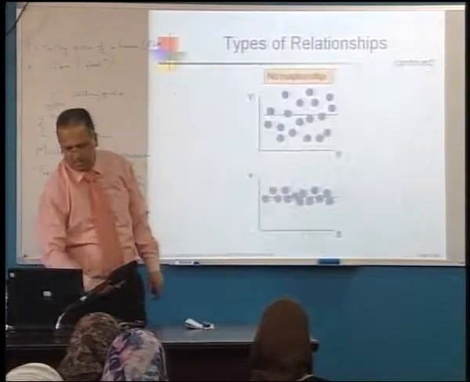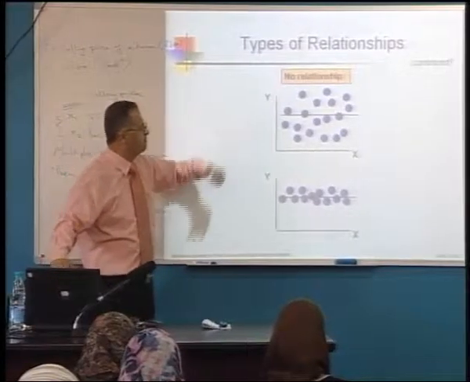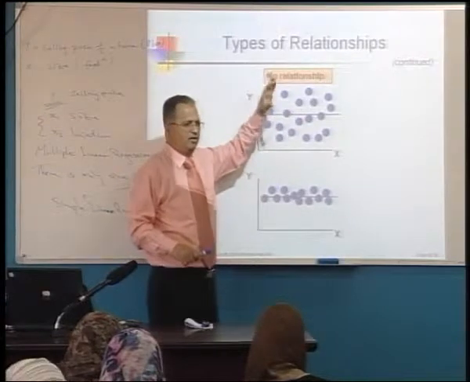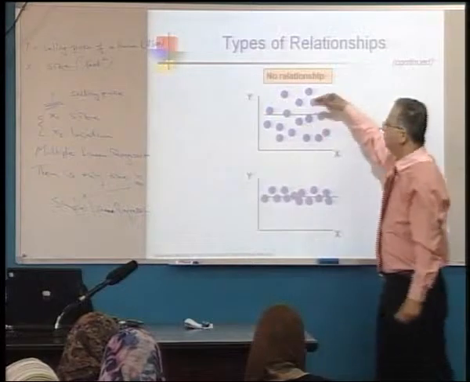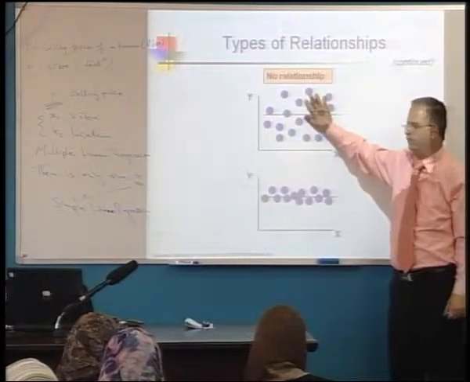Sometimes there is no relationship, or actually there is no linear relationship between the two variables. If the points are scattered away from the regression line, I mean you cannot determine if it is positive or negative, then there is no relationship between the two variables.